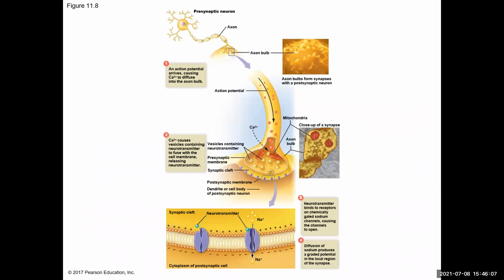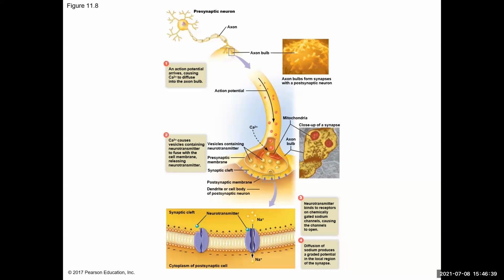Okay? So you have your action potential propagating down in this figure. That causes calcium to be released when it gets to the axon bulb. That calcium then says, okay, the vesicles with the neurotransmitters will release those neurotransmitters into the synaptic cleft. So you can see the bulb here, the target cell here, and then this gap here is the synaptic cleft.